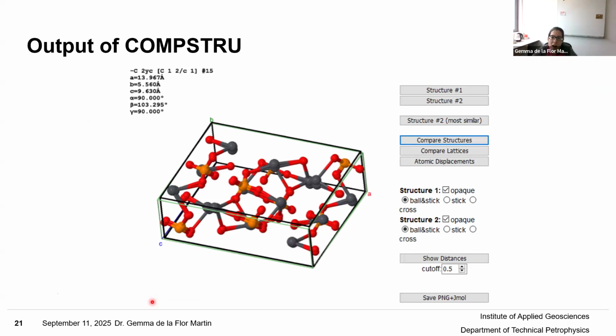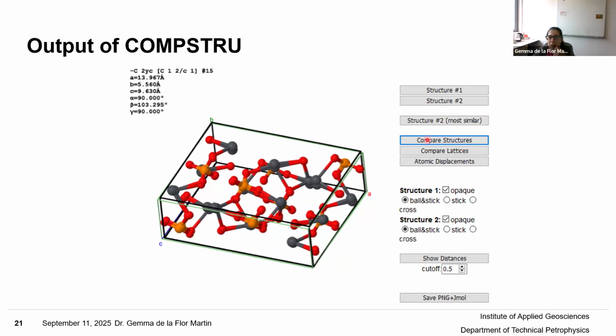We have an option to visualize structures. If you click, for example, here, or here, structure 1 and structure 2, you can visualize separately your input structures. If you click here, you will visualize the most similar configuration of structure number 2 with respect to the reference structure.